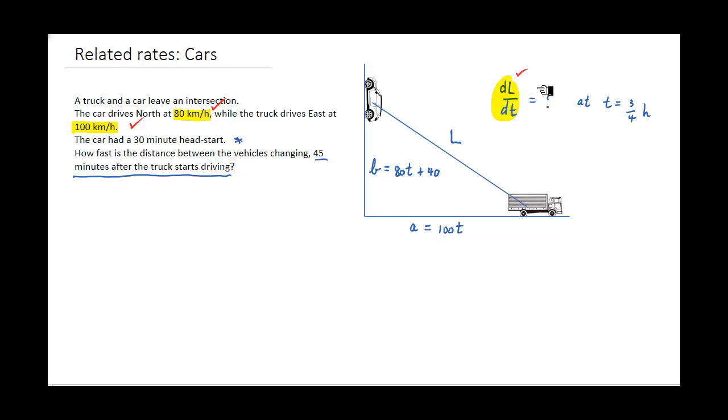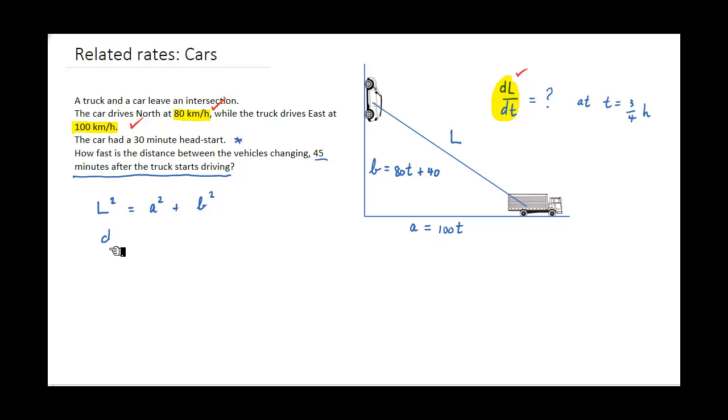To find the relationship between the rates of change, we first of all need a relationship between the three variables, L, A, and B. That's easy. We have a right-angled triangle, so we can use the Pythagorean theorem. We know that L squared is equal to A squared plus B squared. If we now differentiate with respect to time t, that'll give us the relationship among the rates that we need.